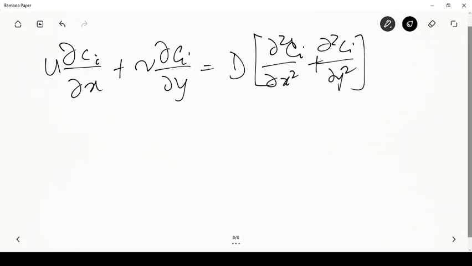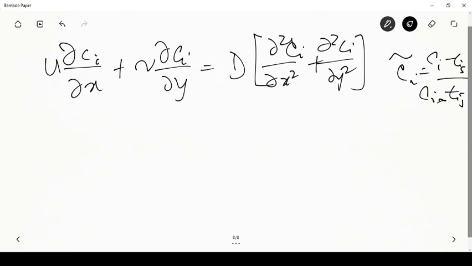And if I don't write any source term, that is, there is no chemical reaction that's happening in the free stream, then this is the equation. So if I write Ci tilde is Ci minus Cis divided by Ci infinity minus Cis, now Cis and Ci infinity being constants, I can simply replace the Ci by Ci tilde in all the terms. The extra term that comes, Ci infinity minus Cis, will get cancelled in the terms.